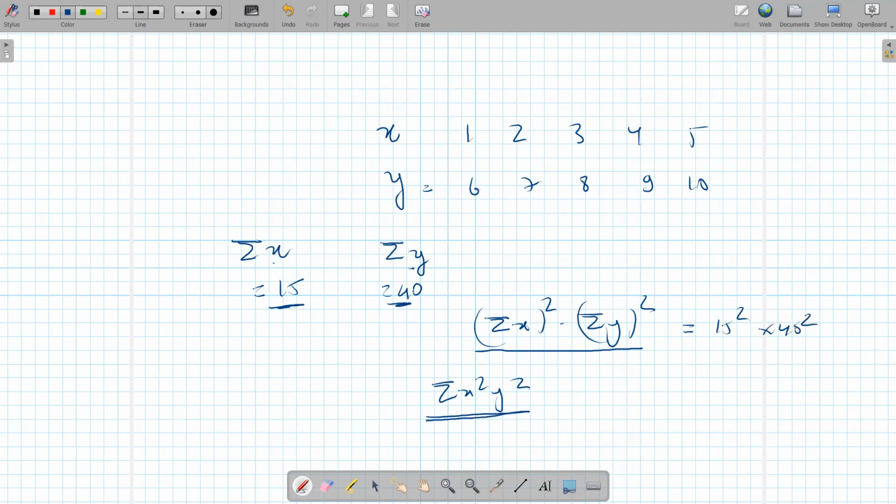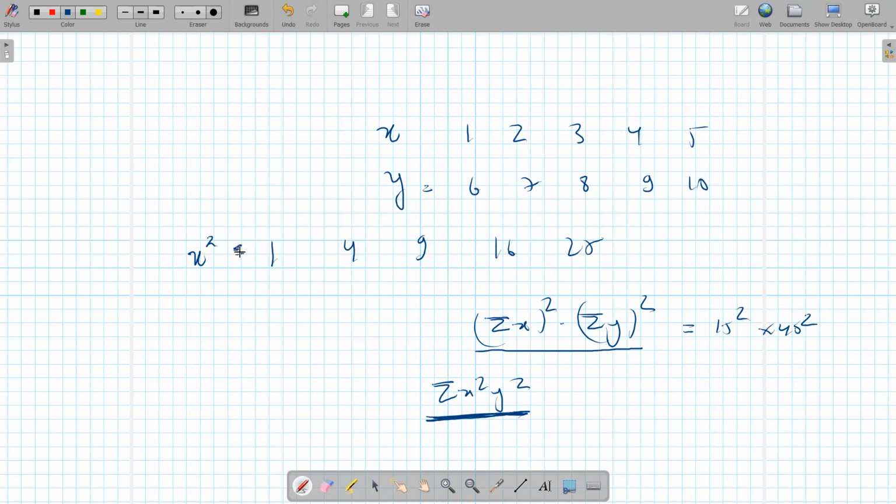What about this one? What do you do first there? For this one, first you need to find x squares. So that means you need to make a new column. It's going to be 1, 4, 9, 16, 25.